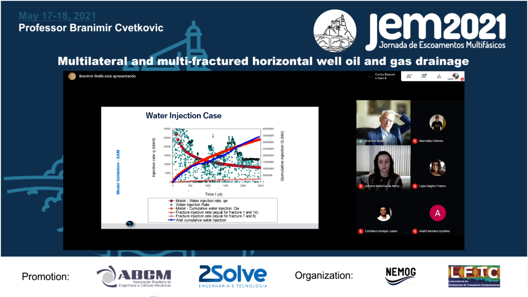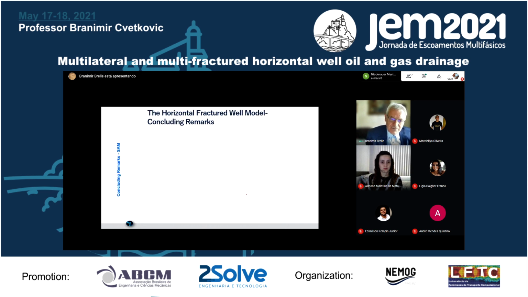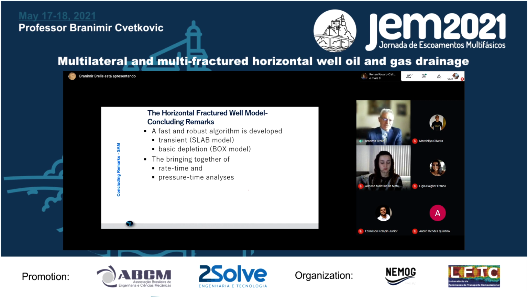In this case, I'm injecting water and I'm not producing, and I'm making a history match on injection of water by keeping pressure. If I had several steps, I would get a very perfect match. But now I'm not getting a very perfect match because I just put one value of the inner boundary condition of constant pressure. So this is all that we have: slab model and box model.